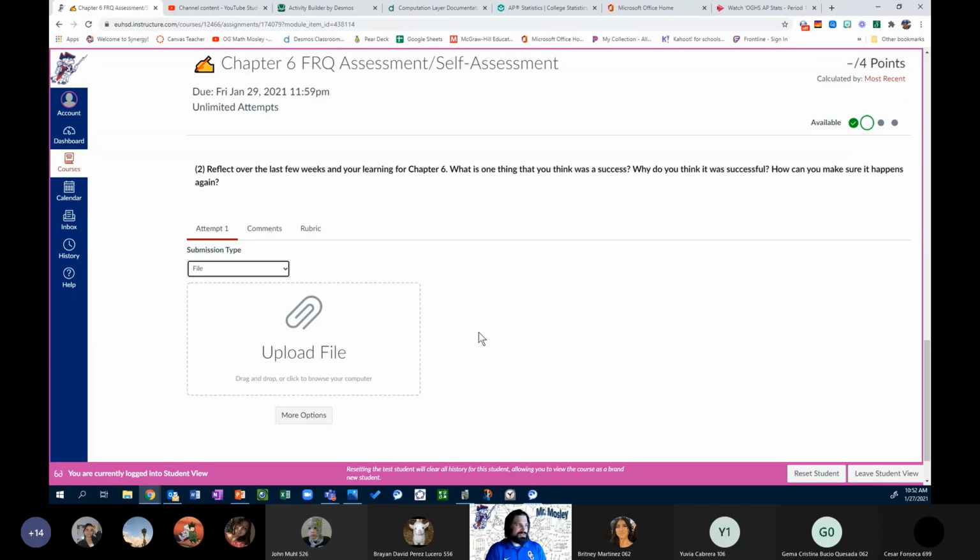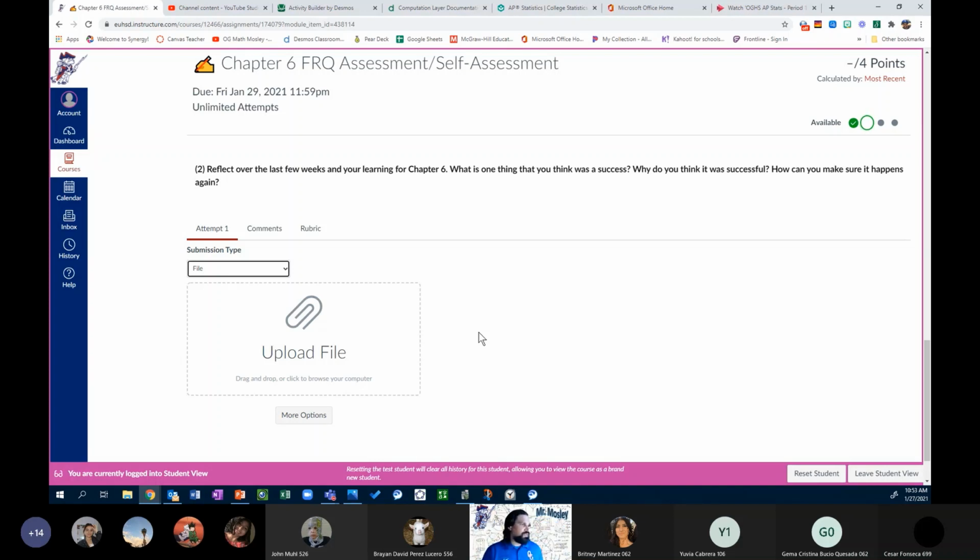I would recommend using a scanning type app if you have one. There's lots of them available for free in the App Store or Play Store, whatever your phone uses. There's free document scanning apps. Most of those will allow you to scan or take pictures of multiple pages and have those all be one file. And that's what you need to use.